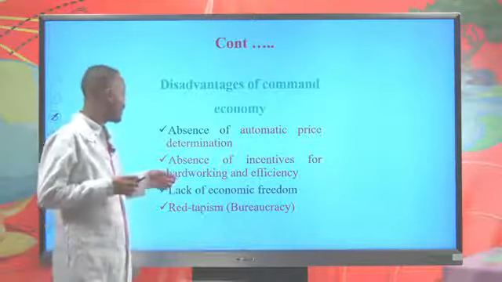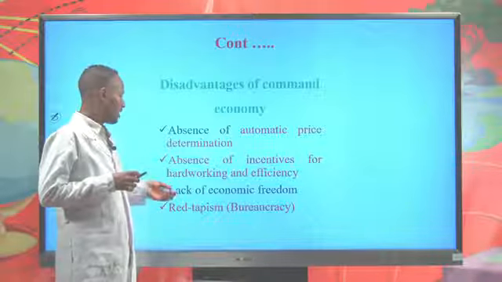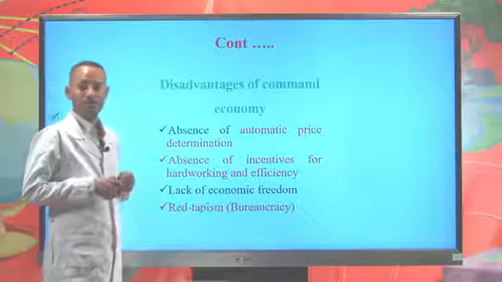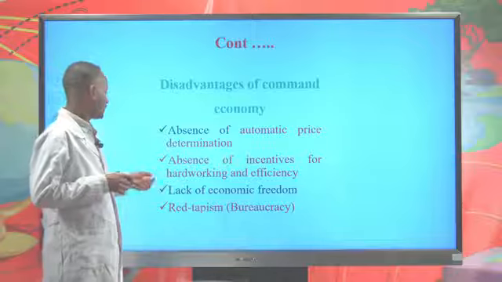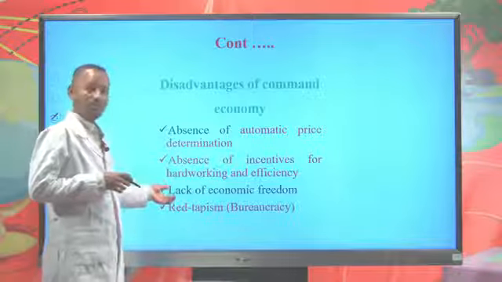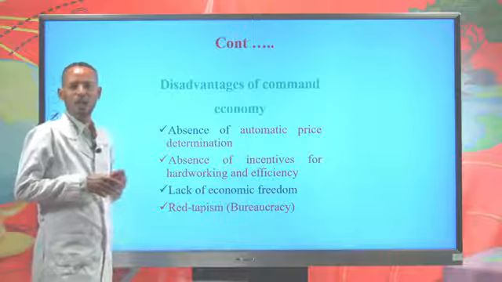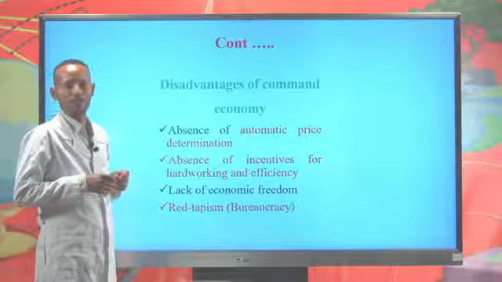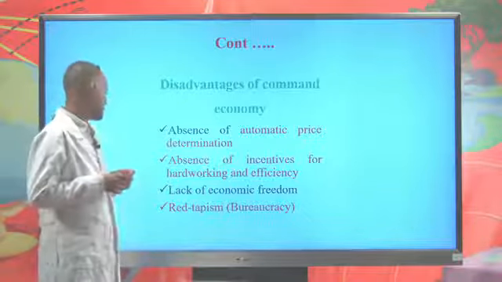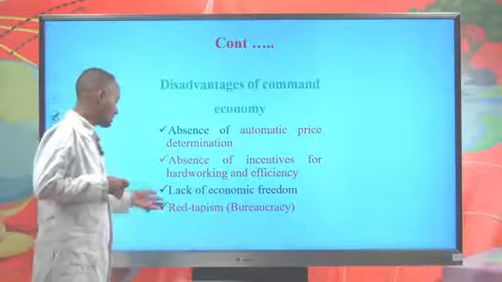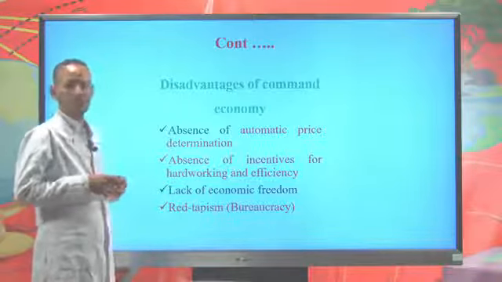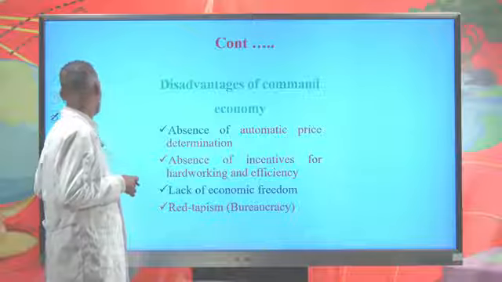Lack of economic freedom is the other disadvantage of the command economy system. That is, individuals are not allowed to engage in any sector in the command economy system. That is the interest of the government. Red tapeism or bureaucracy is another problem of the command economy system.